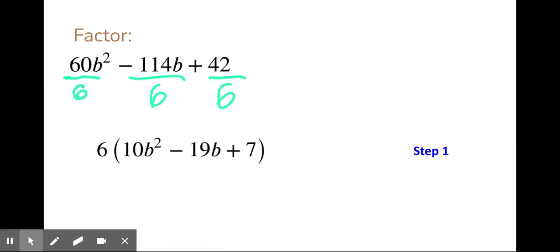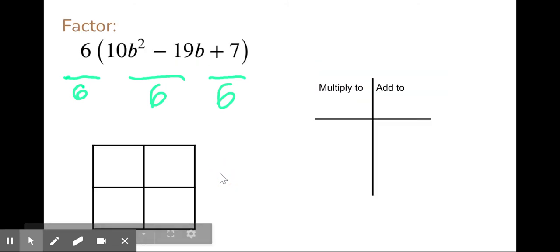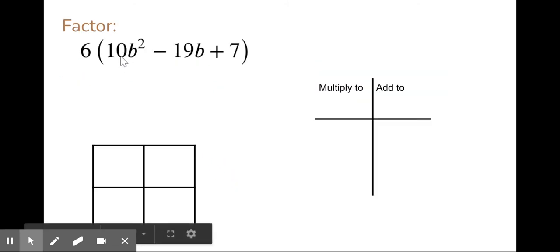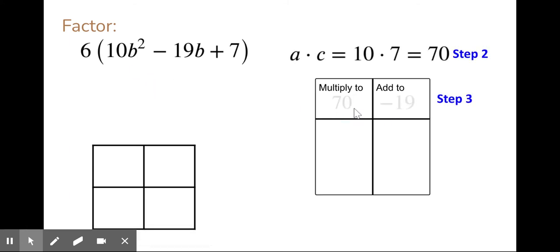From here, we're going to go on to the next step. We're going to multiply our A and C, which is 70, and put it in our box. So we're going to find the factors of 70 that add up to negative 19.